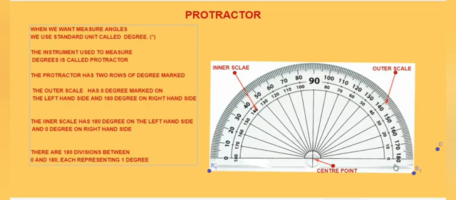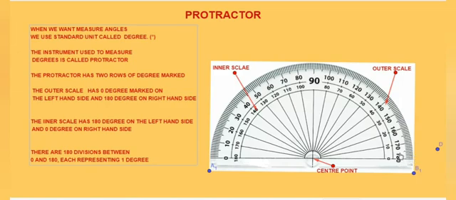You can see 0, 10, 20, 30, 40, 50 up to 180. These all are degrees. Between 0 and 10 you can see 1, 2, 3, 4, 5, 6, 7, 8, 9 degrees. So the instrument used to measure degrees is called a protractor.